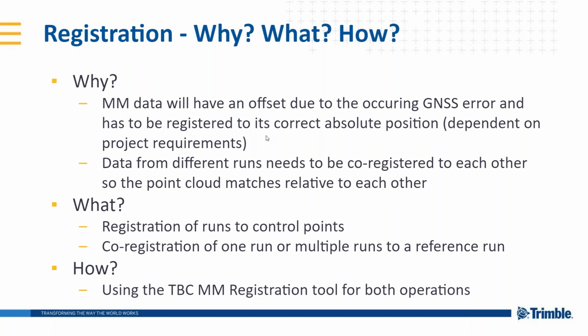And when it's fine with a 10 or 20 centimeter accuracy, which is typical in an asset management workflow, this might be fine, where the absolute precision is not that important. And furthermore, we do this not just to get this absolute reference, but also to get a relative alignment between different runs of your project.